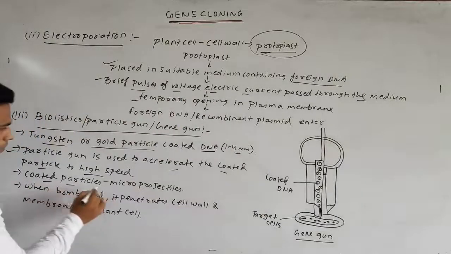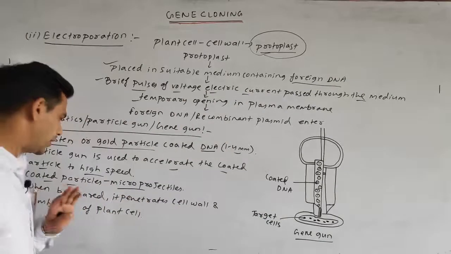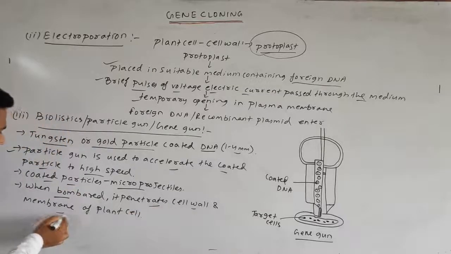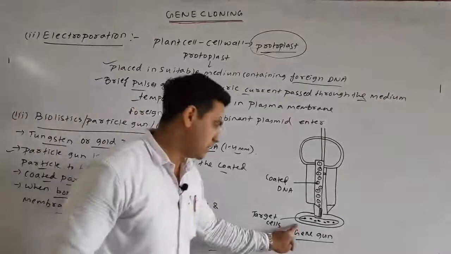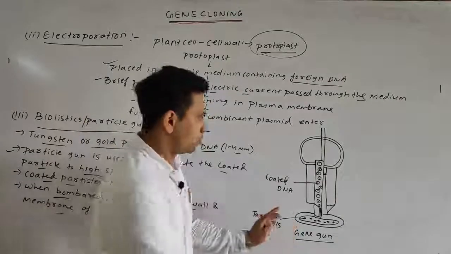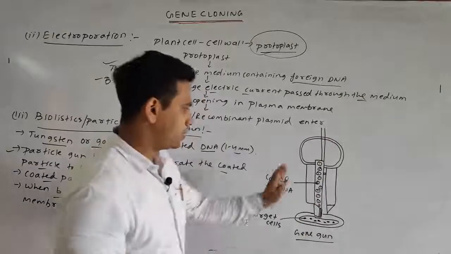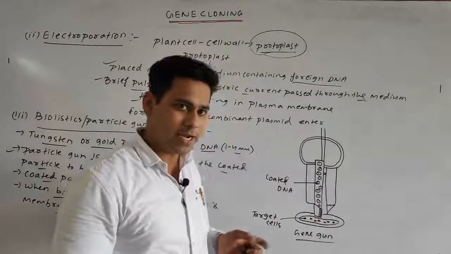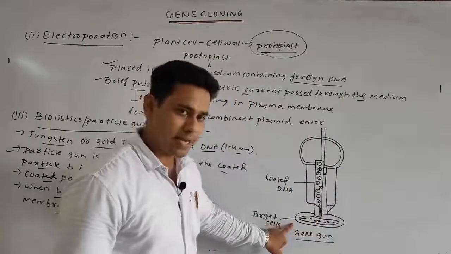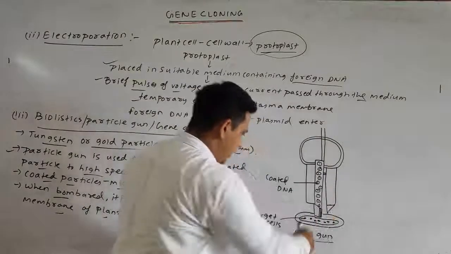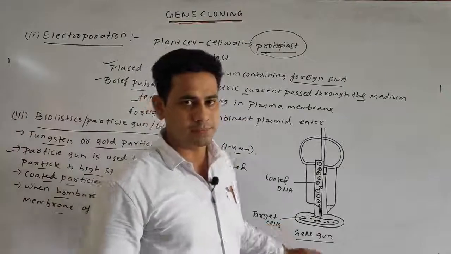Next, the coated particles are also known as microprojectiles, which when bombarded penetrate the cell wall and membrane of the plant cell, or target cell. You can see here the instrument and the coated DNA, which by the help of the gene gun is accelerated into the target cell, so the coated DNA penetrates into the target cells.